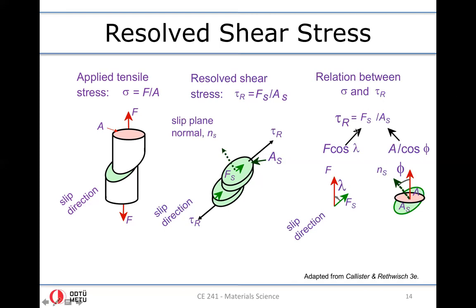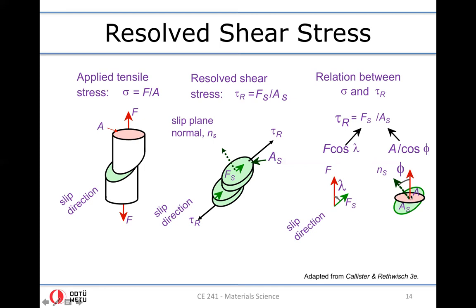So then you can substitute for Fs, F times cosine lambda, because remember lambda is the angle between the externally applied force direction and the slip direction. So you have to project this force onto the slip direction through the cosine lambda operation.